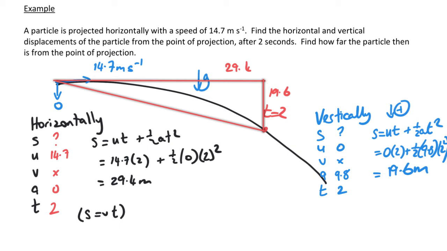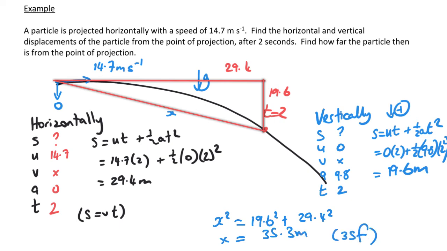So to work that out, we'll use Pythagoras' theorem. So x squared, where x is the hypotenuse, is going to be 19.6 squared plus 29.4 squared. So x then is 35.3 meters to 3 significant figures.